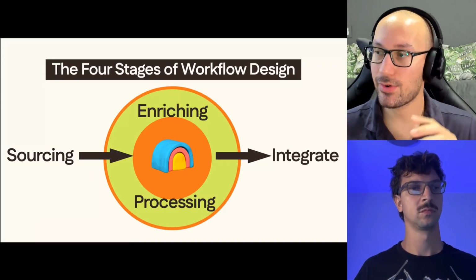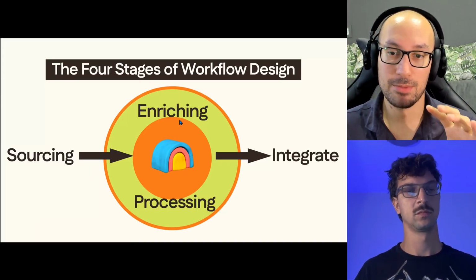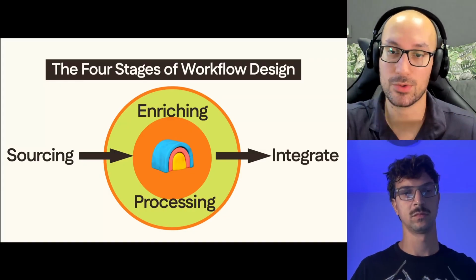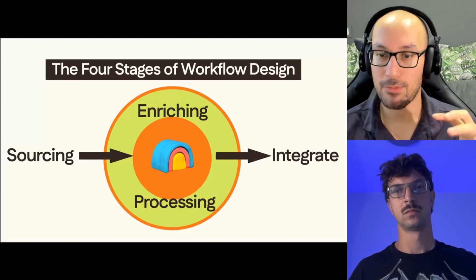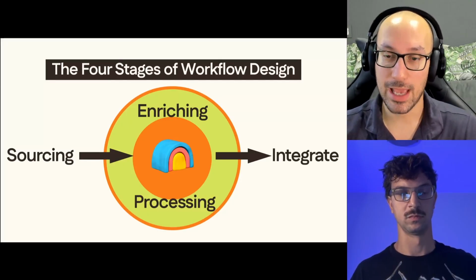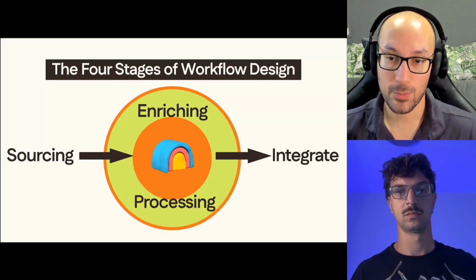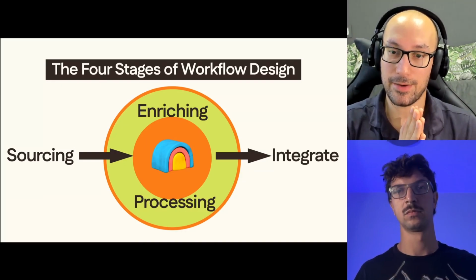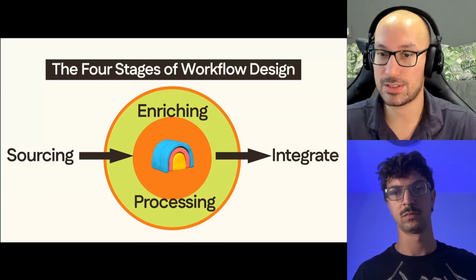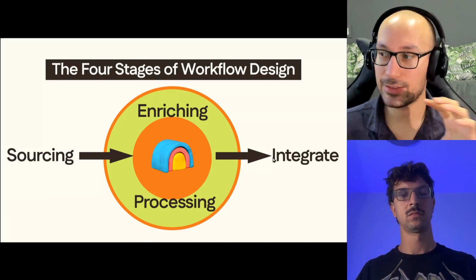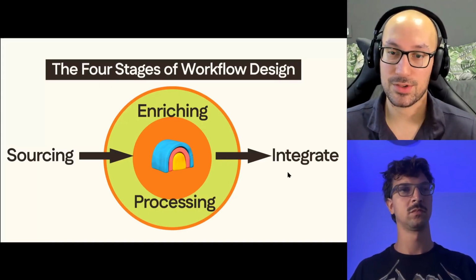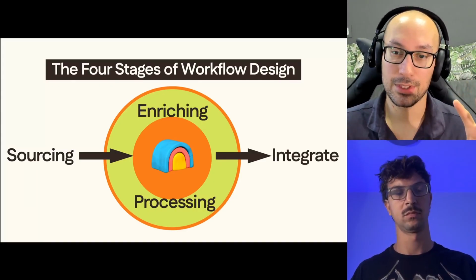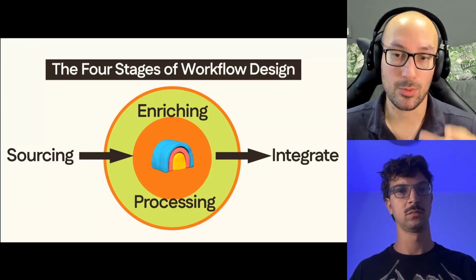And in Clay, you are able to enrich it, which means that you will be able to connect with other tools to grab more information about those records. You will be able to process those records using AI and using formulas to customize the format of the information for the need of your system. Then you can connect into your CRM, your sequence tool, or any other solution that can help you to achieve the goal that you want to pursue.